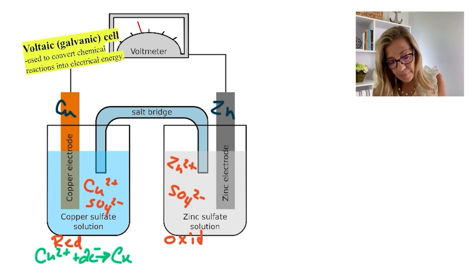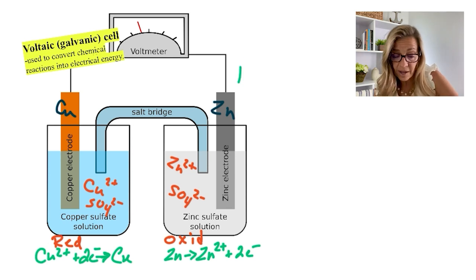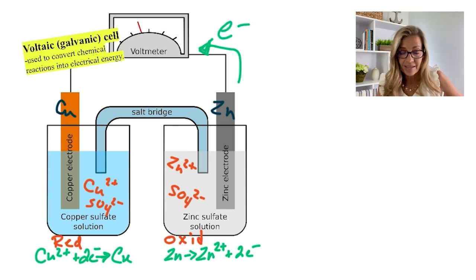And then what's going to happen, the zinc electrode is going to actually give up electrons, provide those electrons. Okay, and so we figure out that the electrons are going to flow this way. And you will actually measure current. Okay, there's a voltmeter, right? Because the zinc wants to give up those electrons, and the copper wants to gain those electrons.